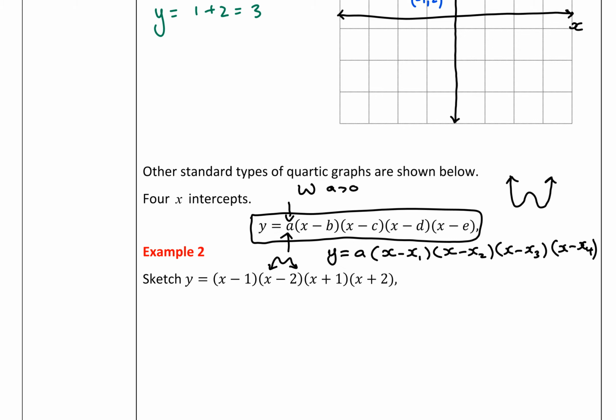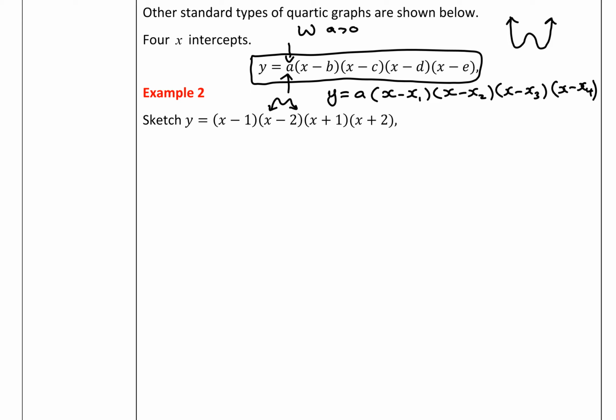So we're being asked to sketch x minus 1, x minus 2, x plus 1, x plus 2. The first thing I'll note is that being in intercept form, being in the form of 4 linear brackets, or 4 linear factors, and noting that A equals 1, we're going to be winning. This is going to be a nice positive quartic.